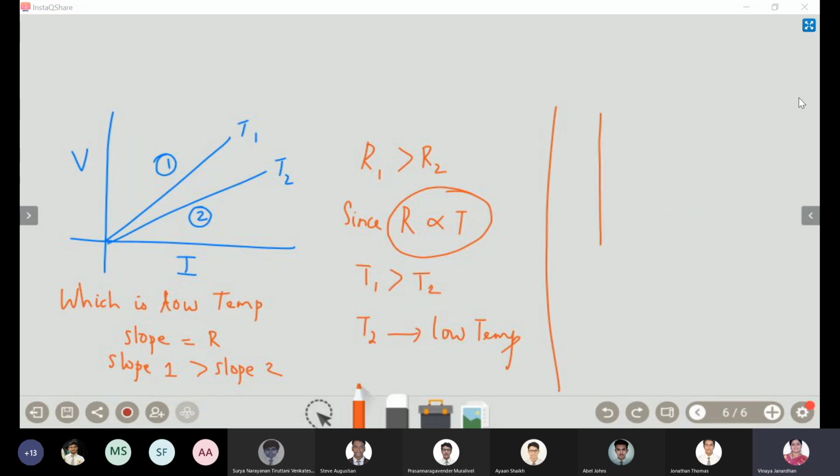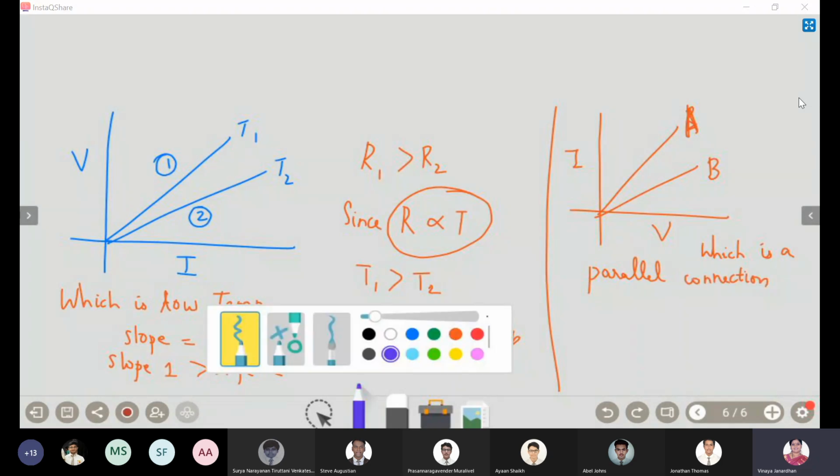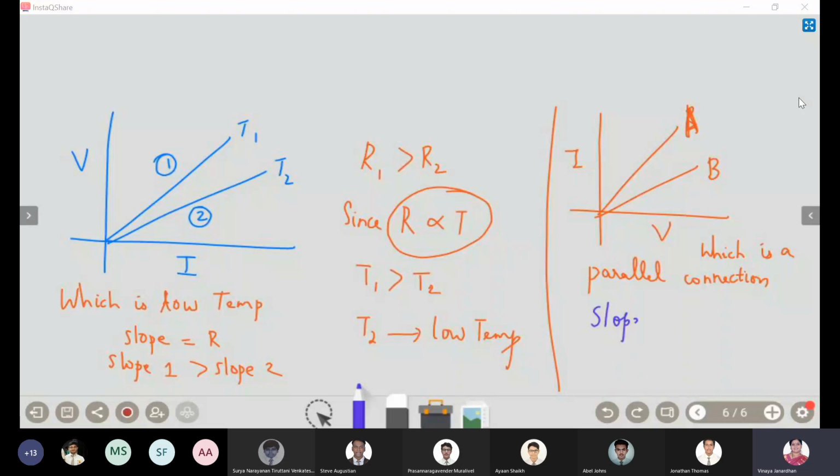If I have an I versus V graph, this A, which would give a parallel connection? Can you check? What does the slope of an I versus V graph give you? 1 by R, correct?